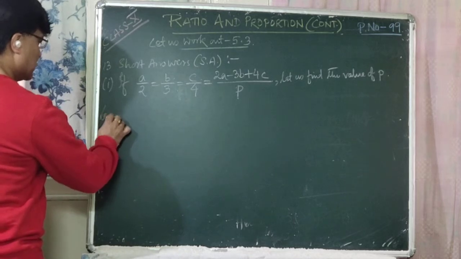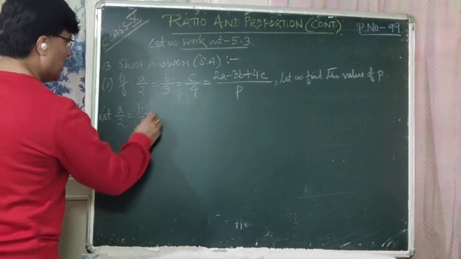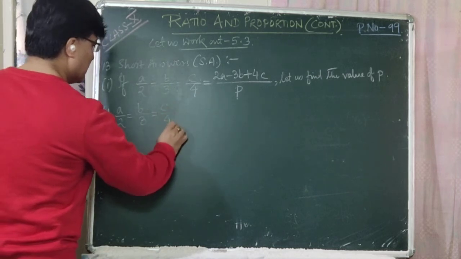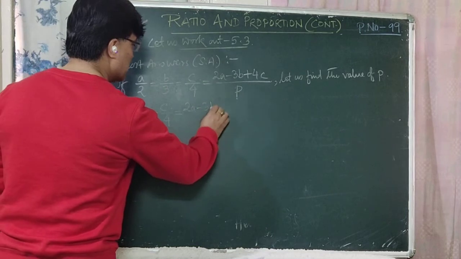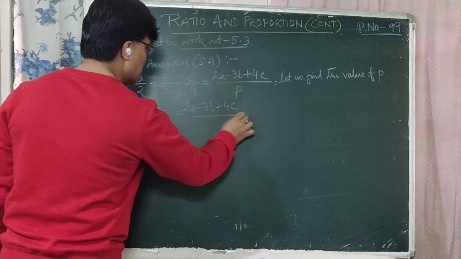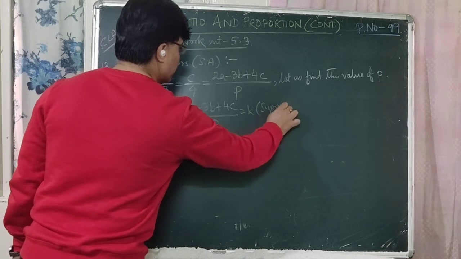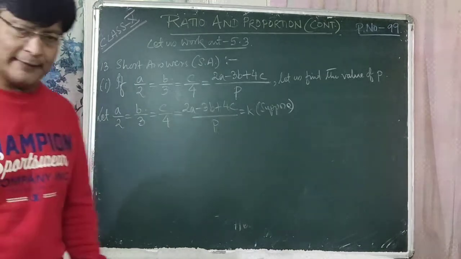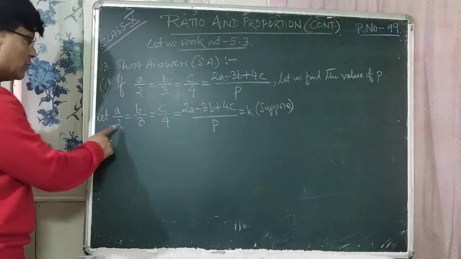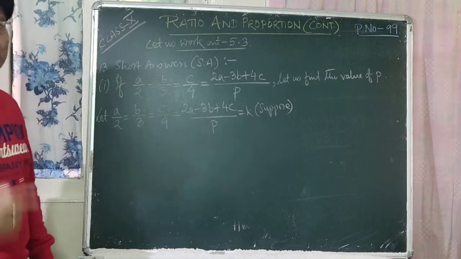Let a by 2 is equal to b by 3 is equal to c by 4 is equal to (2a minus 3b plus 4c) divided by p is equal to k. Suppose we assume these ratios are equal to k. That means the first is equal to the second is equal to the third is equal to the fourth ratio is equal to the last term, that is k.